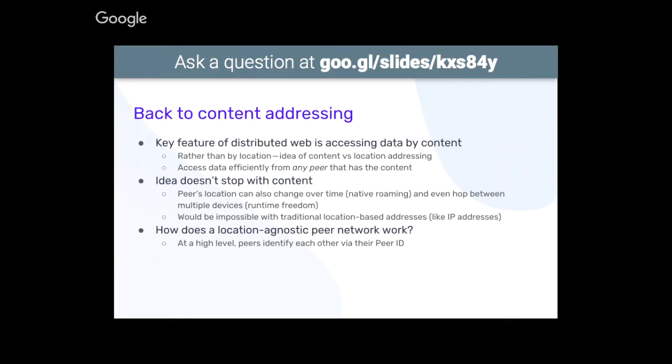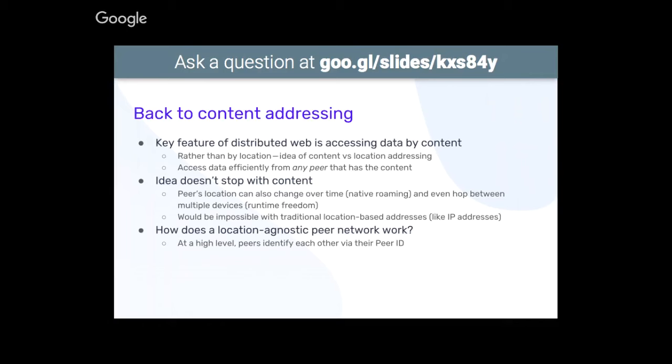Okay, so back to content addressing. As I've mentioned a couple times before, a key feature of the distributed web is accessing data by content. And this is pretty useful because we can actually access data efficiently from any peer that has the content we want. But this idea doesn't actually just stop with content. We can actually use cryptographic IDs for peers as well.